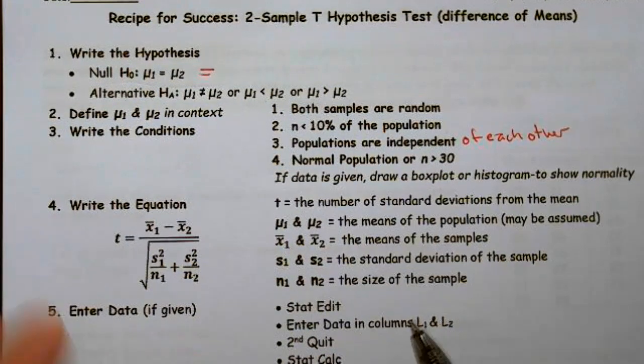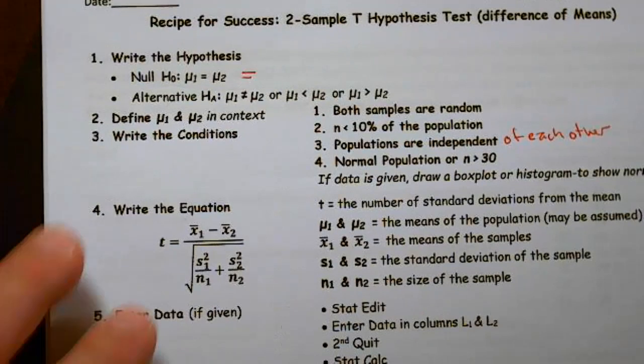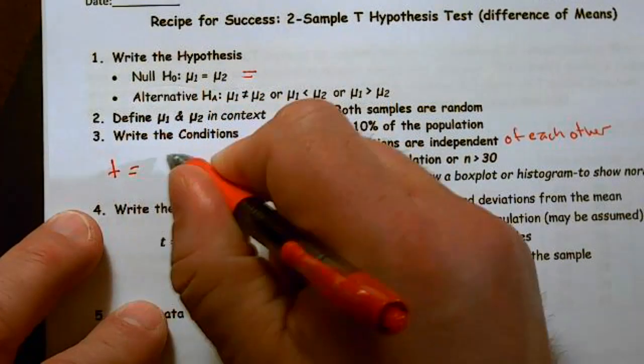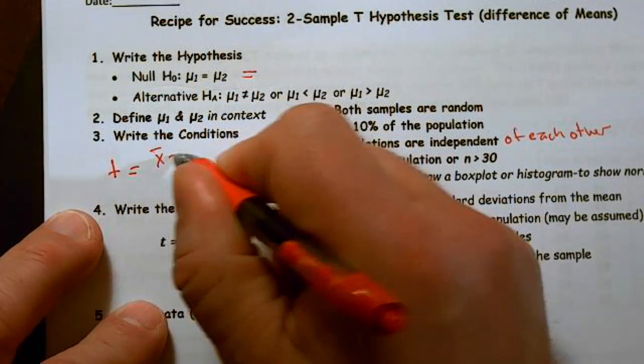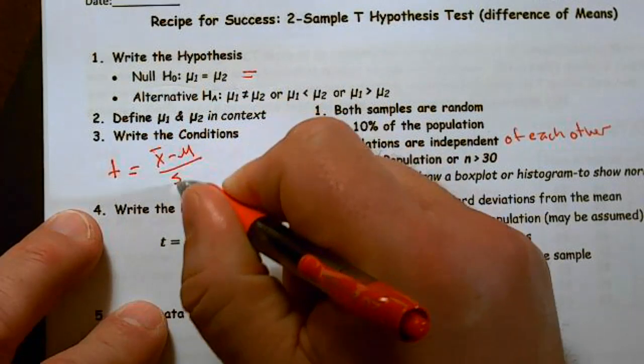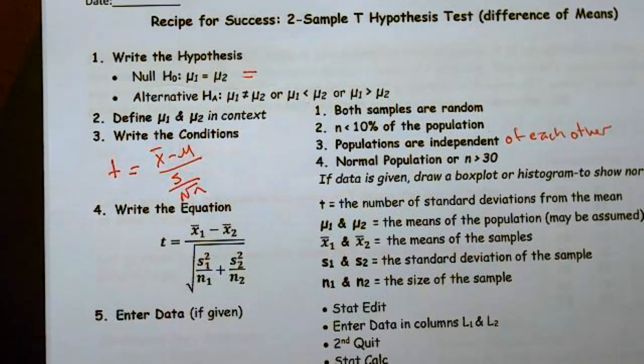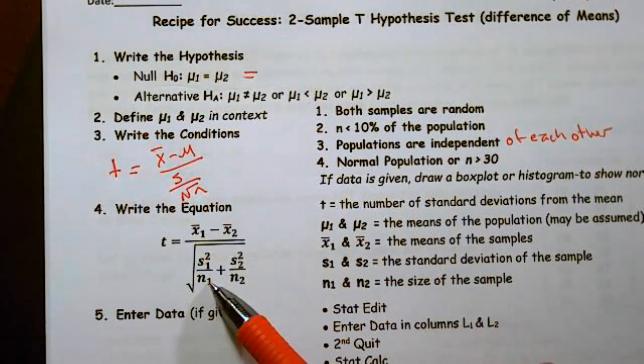Our equation has changed, and it looks initially scary, but it's not. Because initially we had t equals x bar minus mu, s divided by the square root of n. Well, this is essentially the same thing.